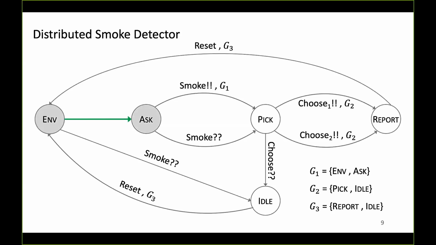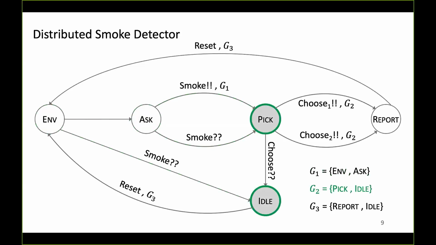Note that one or more processes can detect smoke, and at this point the guard G1 is enabled, and one of the processes that actually detected smoke can send a broadcast that moves all processes that detected smoke from ask to pick, and those that did not from inv to idle.